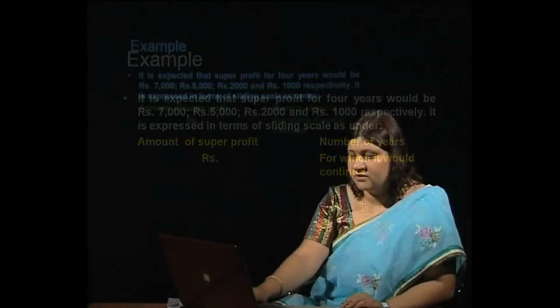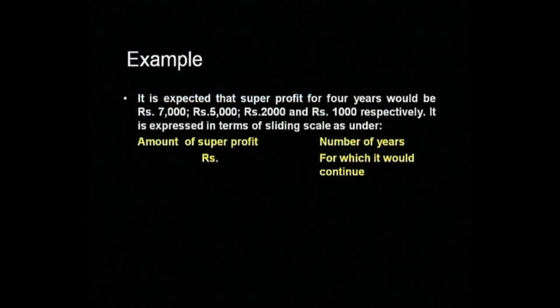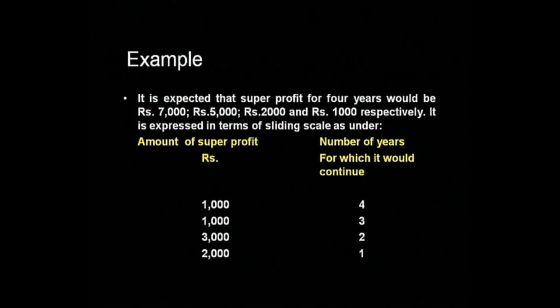The amounts of the super profits are given under column 1, and in column 2 the number of years for which it would continue. So here rupees 1,000 would continue for 4 years. Again the next 1,000 would continue for 3 years. 3,000 would continue for 2 years, and the 2,000 would continue for 1 year.